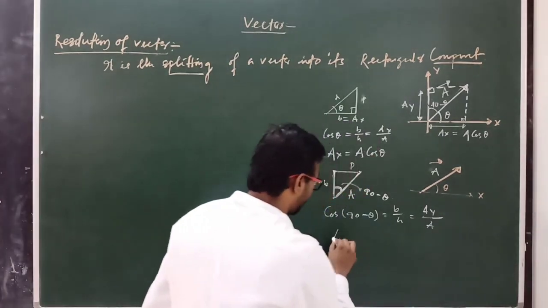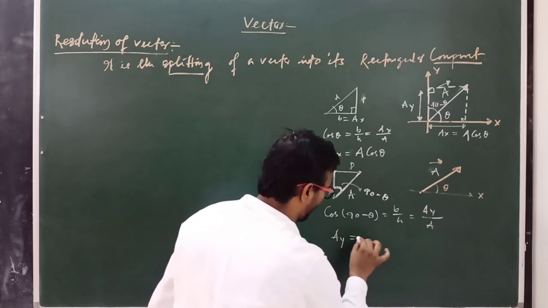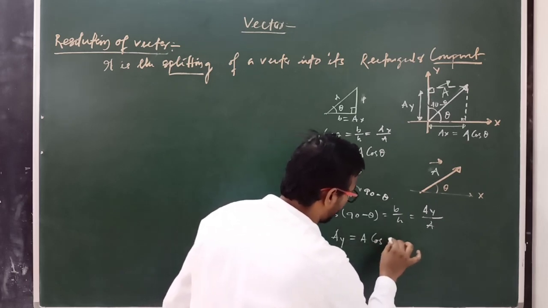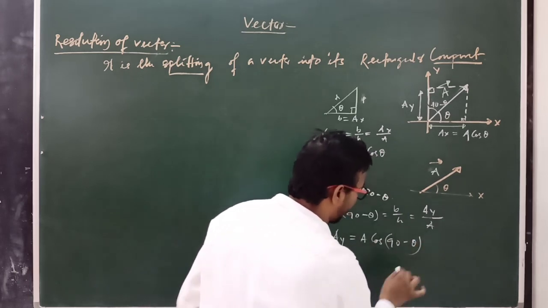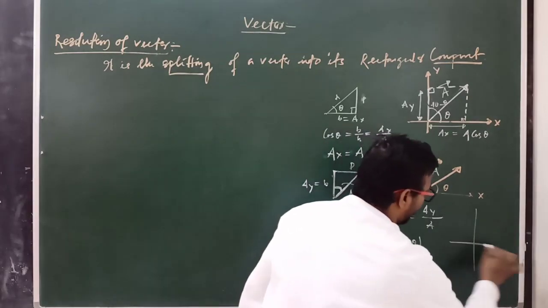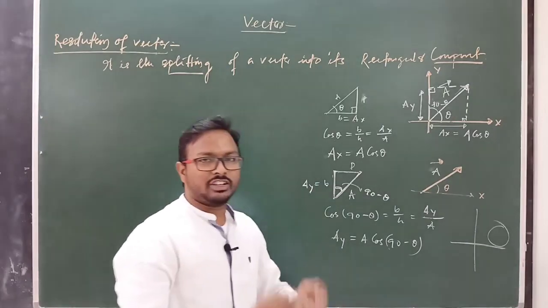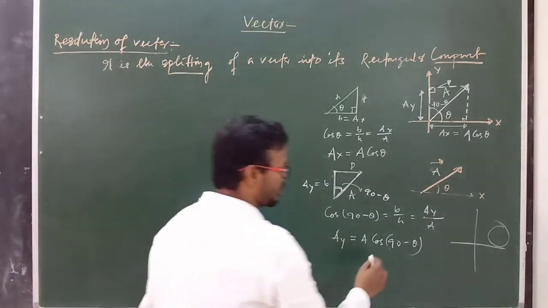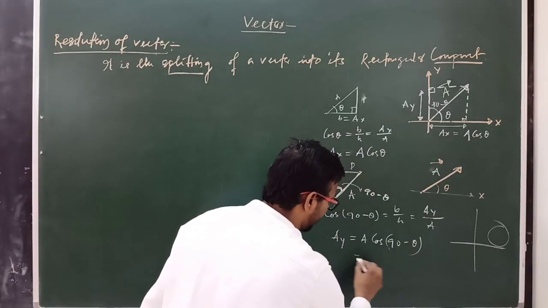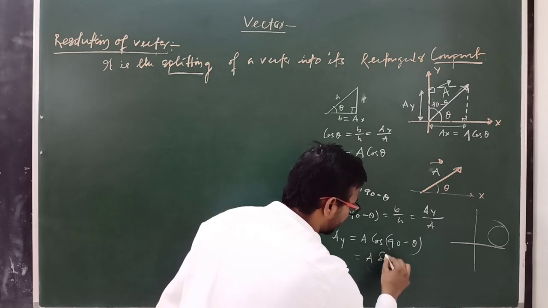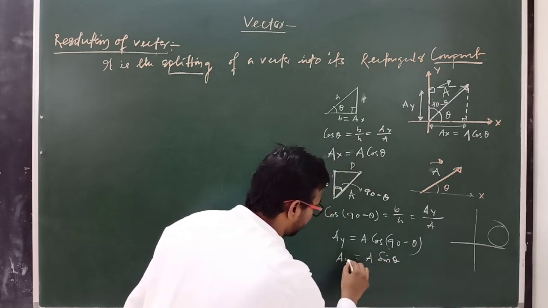So ay comes out to be a cos(90 minus theta), which lies in the first quadrant. In the first quadrant all trigonometric functions are positive, so cos(90 minus theta) equals sin theta, and ay equals a sin theta.